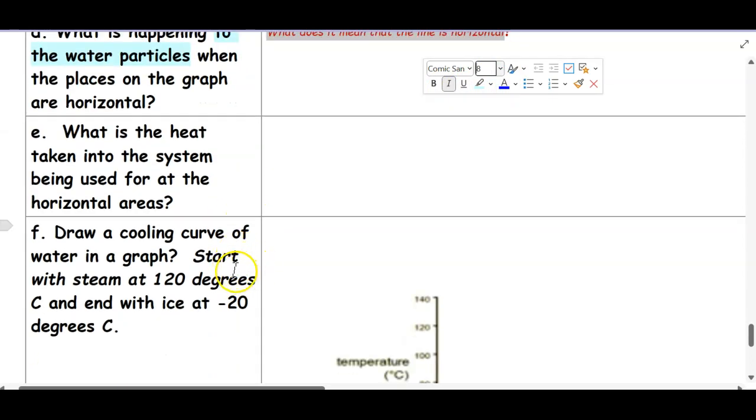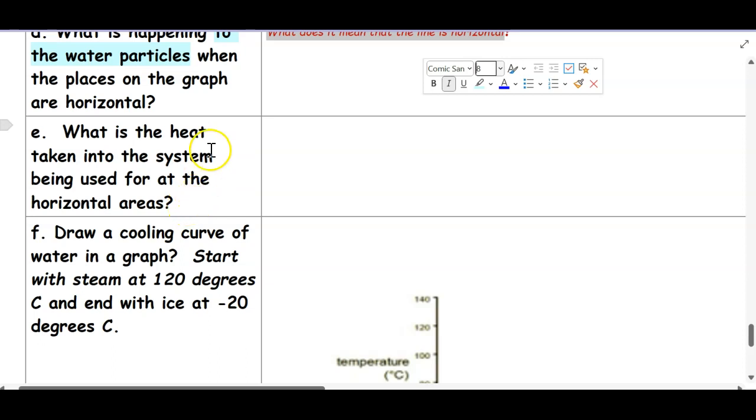E says, what is the heat taken into the system being used for at the horizontal areas? So once again, we knew the heat before was being used to raise the temperature of the water, because we always have to do that when we're melting or boiling.